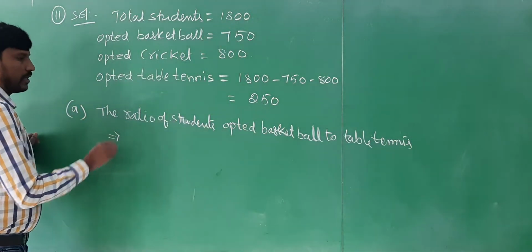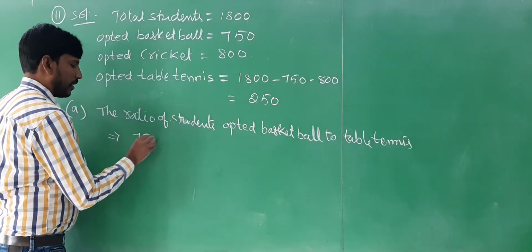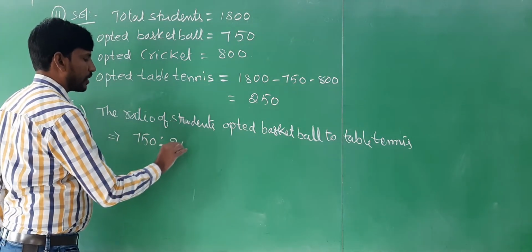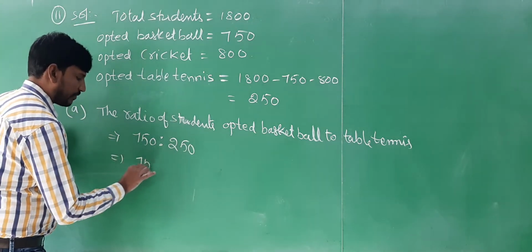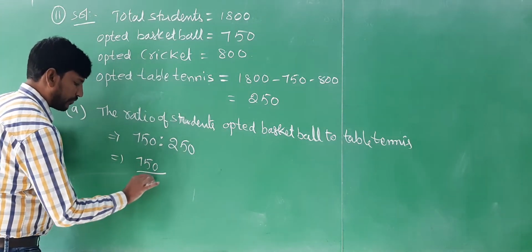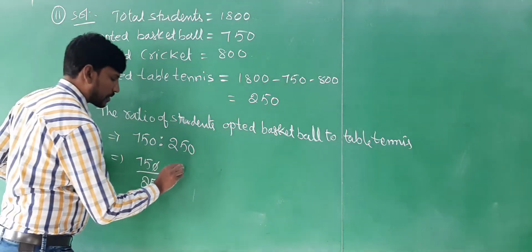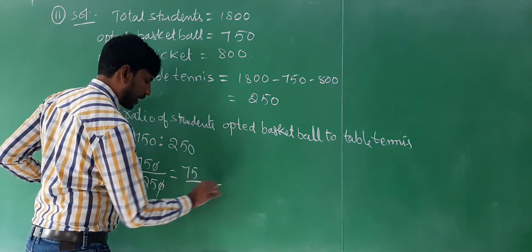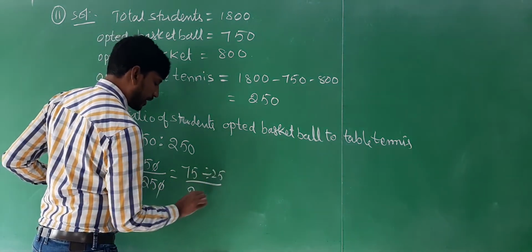Now, children, how many students opted for basketball? 750, to table tennis we got 250. Right? So which implies 750 divided by 250. So the zeros will be cancelled. Both are multiples of 25. 25 divided by 25.